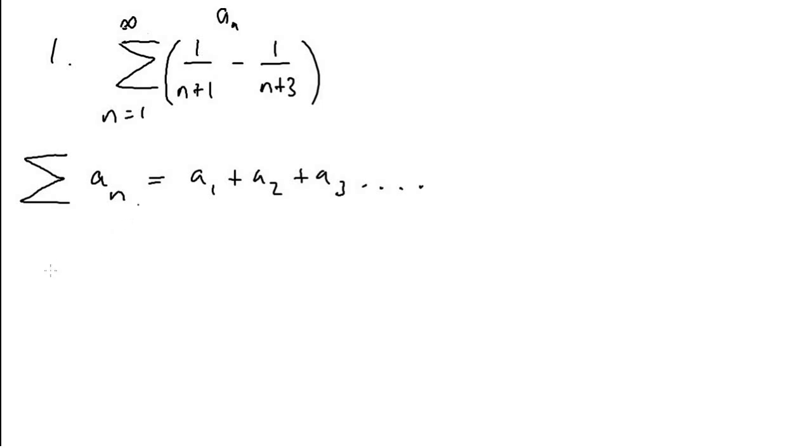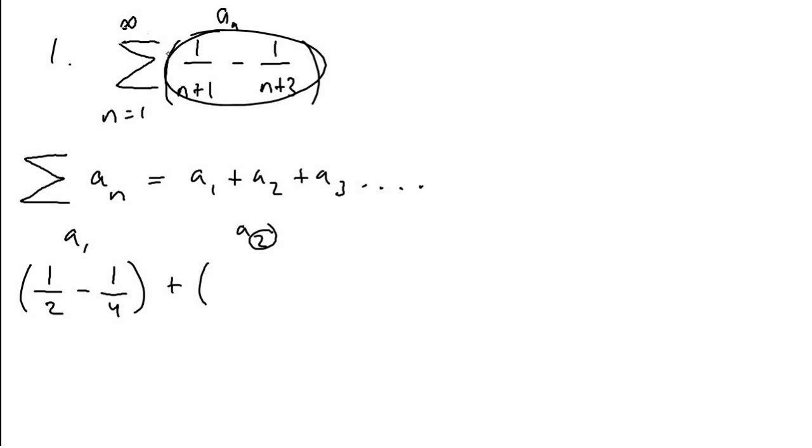So if I do so, we'll get 1 over 1 plus 1, which is 2, minus 1 over 1 plus 3, which is 4. So that is our a sub 1 value, our first term in the sequence. So now plus, now a sub 2. When I plug in 2 for n into this sequence, we'll get 1 over 3 minus 1 over 2 plus 3, which is 5.